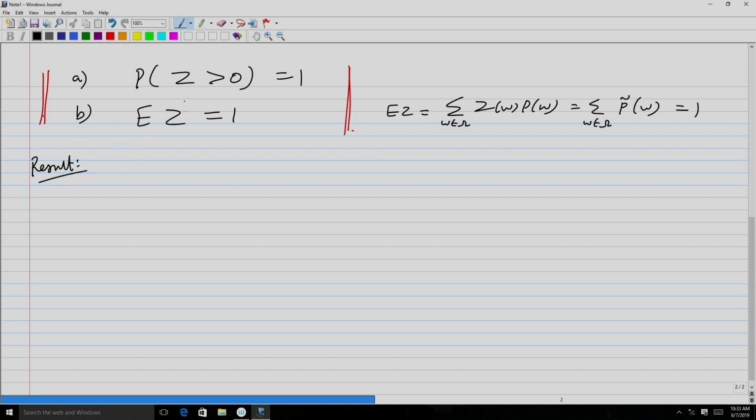Okay. Now, there is a small result which also follows from the definition itself. You take any other random variable, say we call it Y, we will have E tilde of Y is given by E of Z Y. Remember, E tilde of Y means we are taking the expectation of the random variable Y under the probability measure p tilde, and E of Z Y means we are taking the expectation of the random variable Z times Y under the probability measure P. Now, this relates the expectation of a certain random variable under two different measures P and p tilde, and again you start with the right hand side and apply the definition just like in the first line that we have.